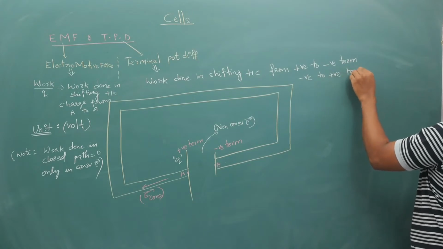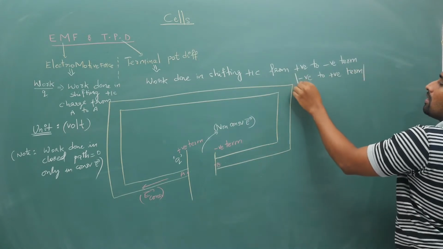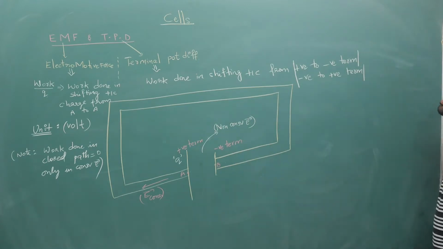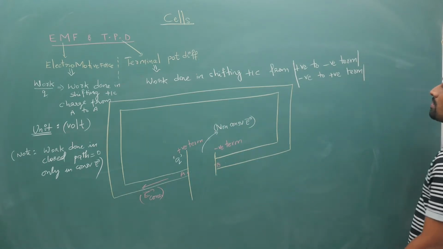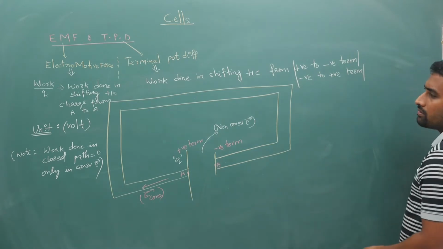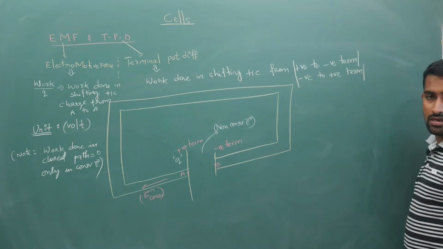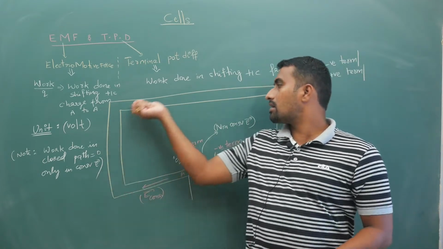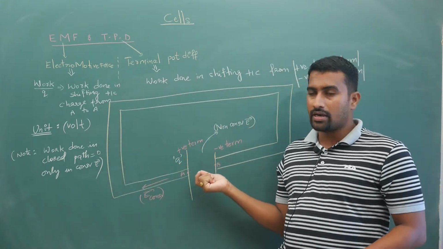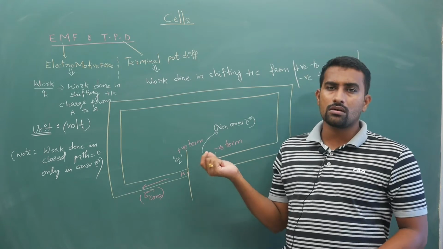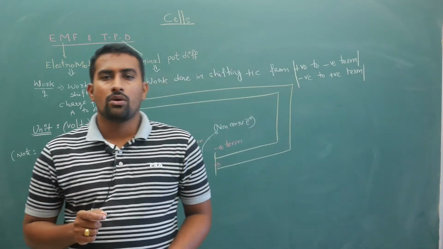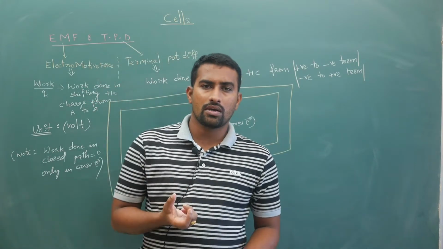Magnitude is what you are going to consider. So if you take plus 1 coulomb charge, shift it like this and place it at this point, how much work you do, that is your terminal potential difference. Hope you have understood what I have explained.